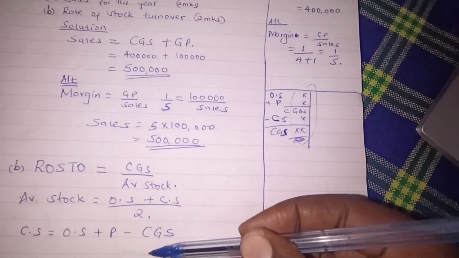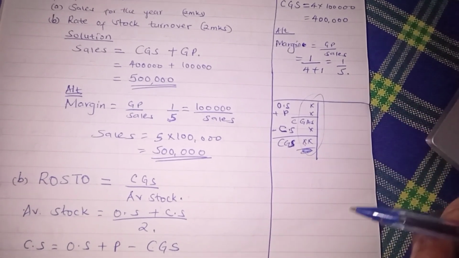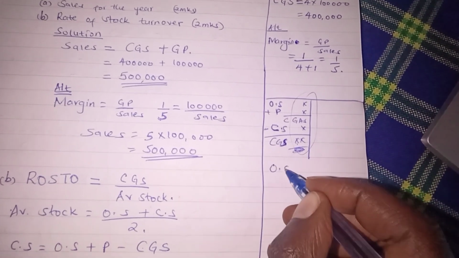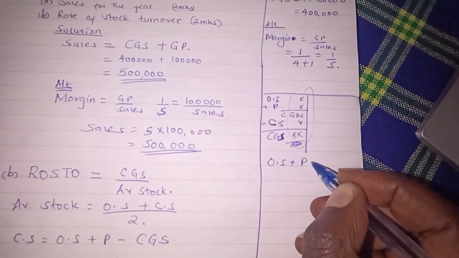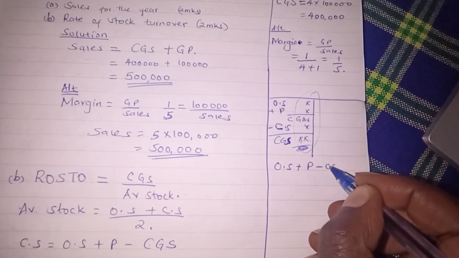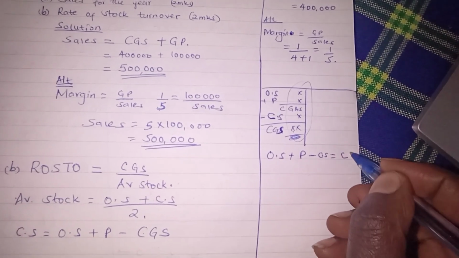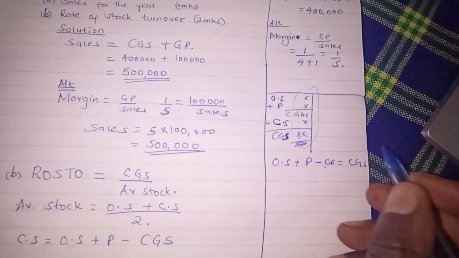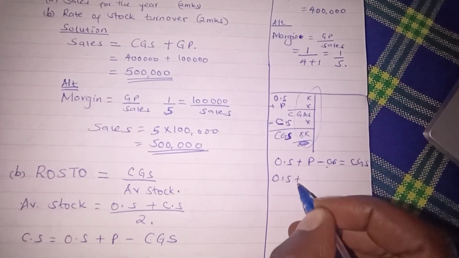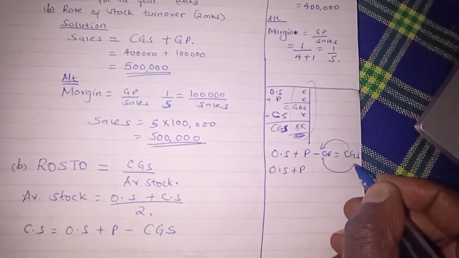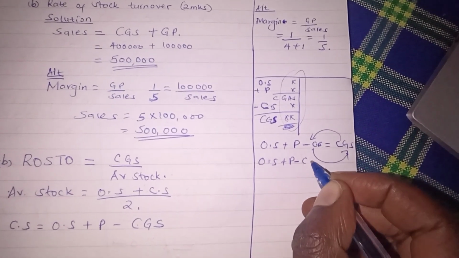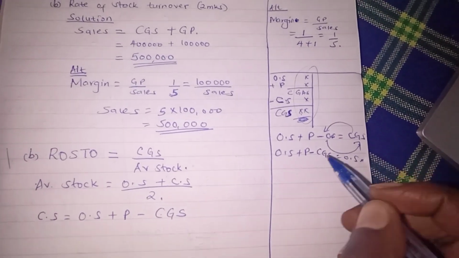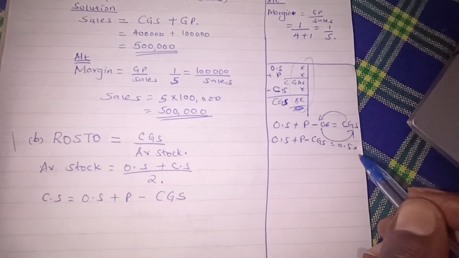So how do we arrive at this equation? Learners, we just move upwards. The opening stock plus purchases minus closing stock is giving us the cost of goods sold. So making the closing stock the subject, we have that opening stock plus purchases minus the cost of goods sold gives us the closing stock. This is the analogy you're supposed to use.